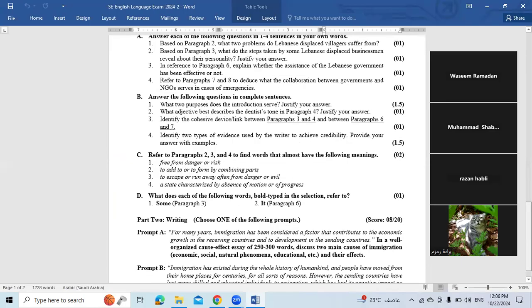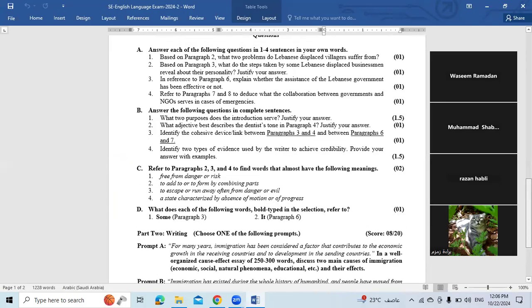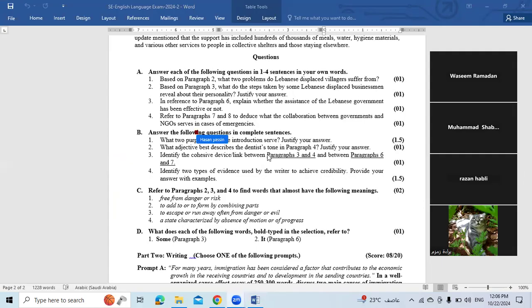Okay. The final step, guys, of today's period will be orally discussing question number 3. Question number 3: Identify the cohesive device between paragraphs 3 and 4 alone, and between paragraphs 6 and 7 also alone. Fine? Okay, so let's first go to 3 and 4.